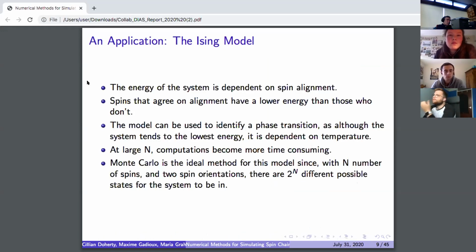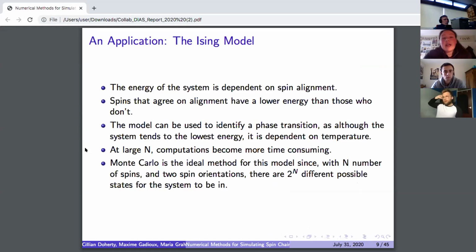Okay, so this is important because the energy of the system is dependent on spin alignment. So spins that agree on alignment usually have a lower energy than those that don't. And so this model can be used to identify a phase transition as it's dependent on temperature. And then why would we use the Monte Carlo method here?